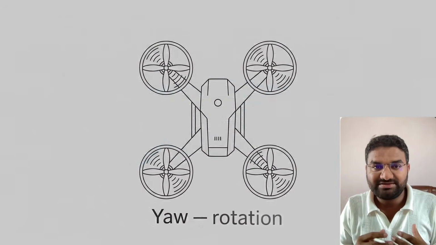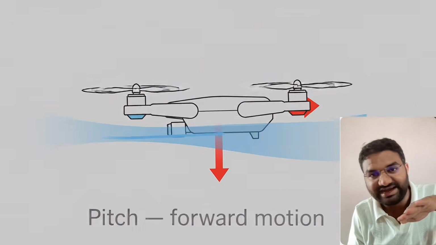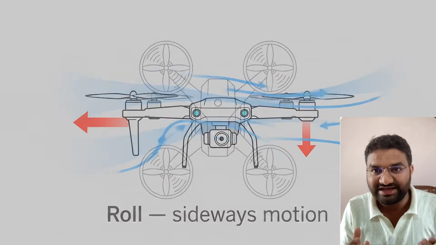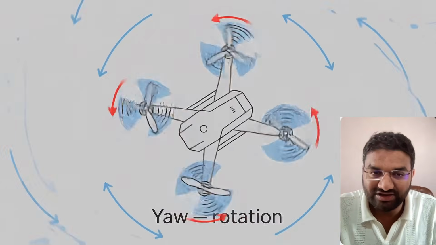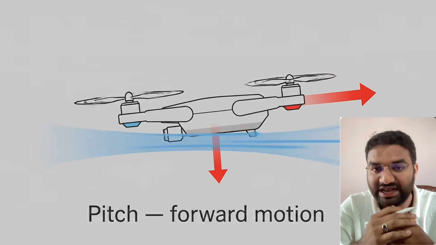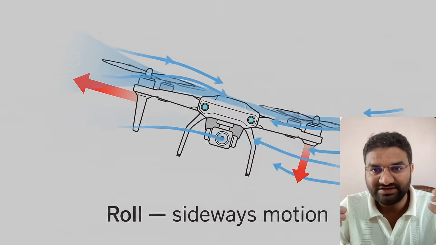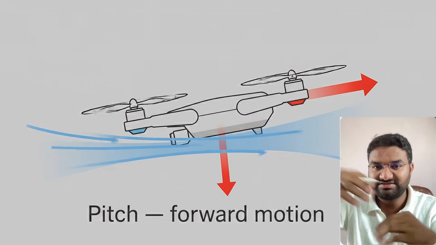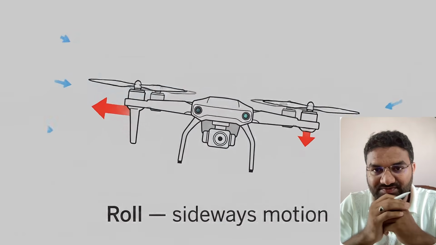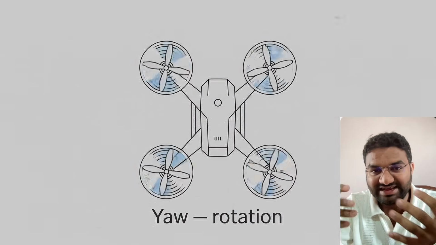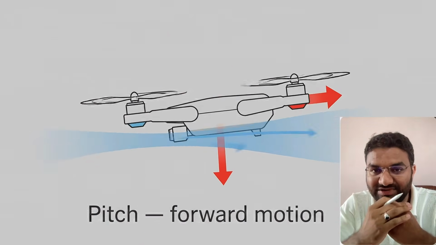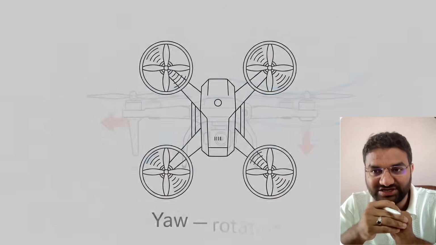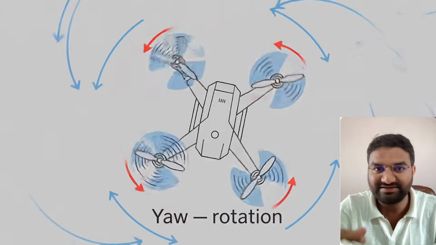That's pitch, fine. The tilting sideways for left or right movement is the roll, fine. And speeding up one diagonal pair of rotors relative to the other without tilting creates a net torque that spins the drone around its vertical axis, and that's yaw, right? So steering is basically deliberately unbalancing thrust or torque to redirect motion. It's as simple as that.